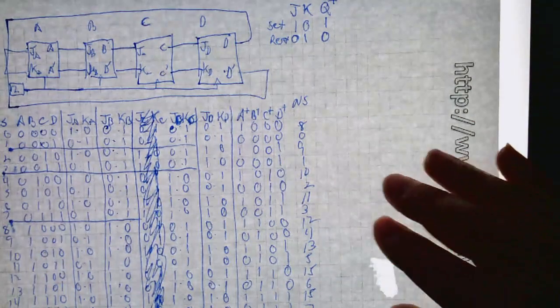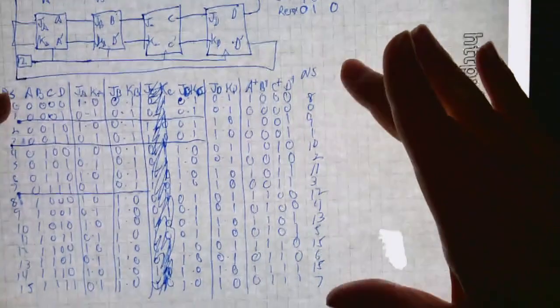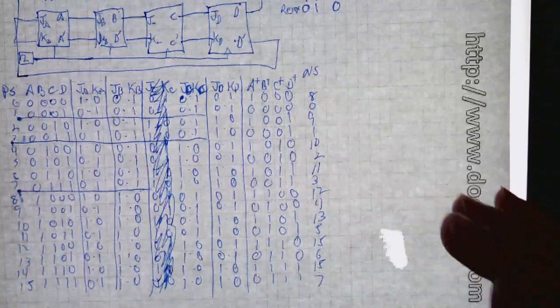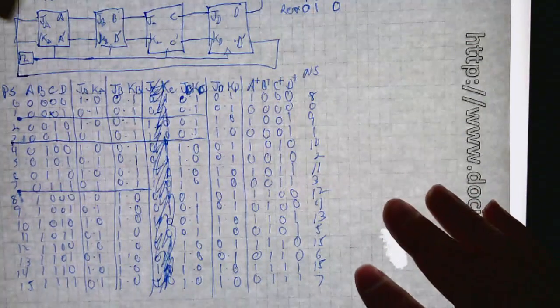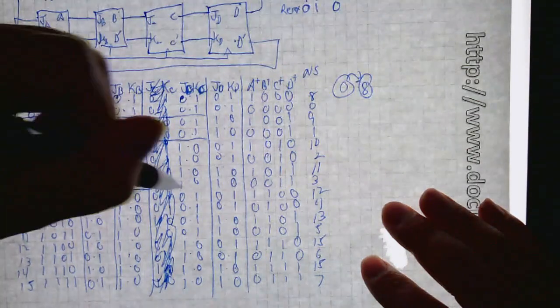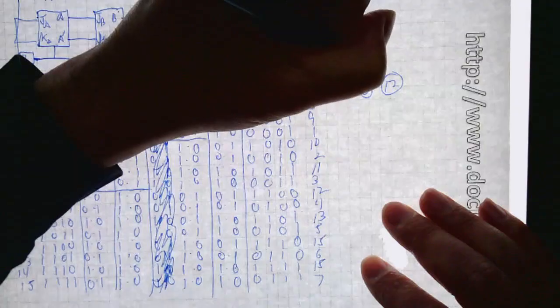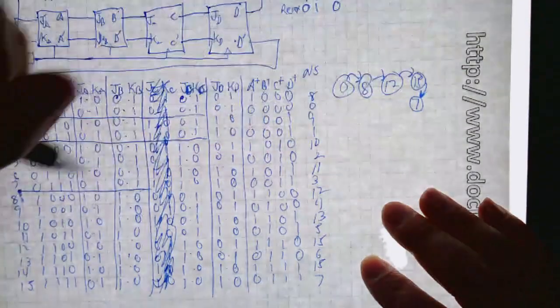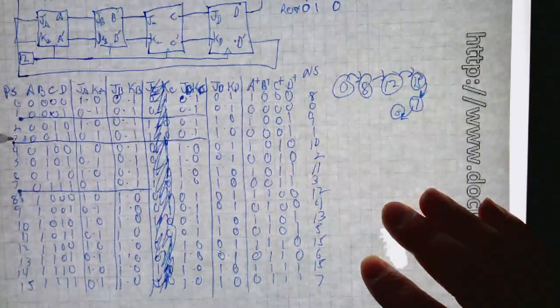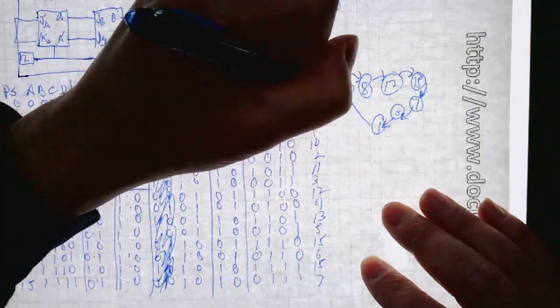Okay. So we did that for all the bits in here, and now we've got present state and next state, and now I can draw a finite state machine diagram. So let's start doing that. 0 transitions to 8. 8 transitions to 12. 12 transitions to 15. 15 transitions to 7. 7 transitions to 3. 3 transitions to 1. 1 transitions to 0.